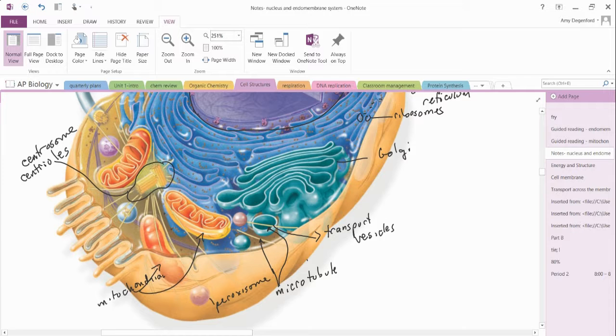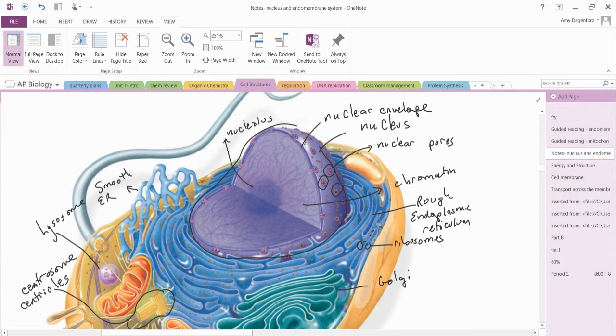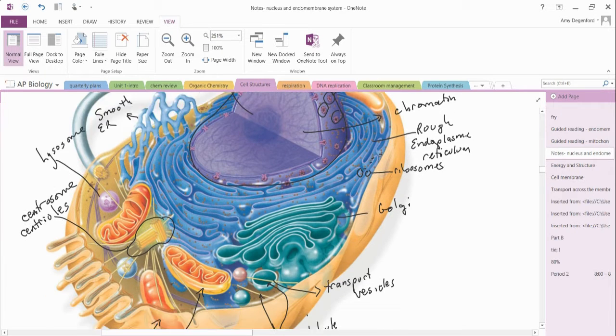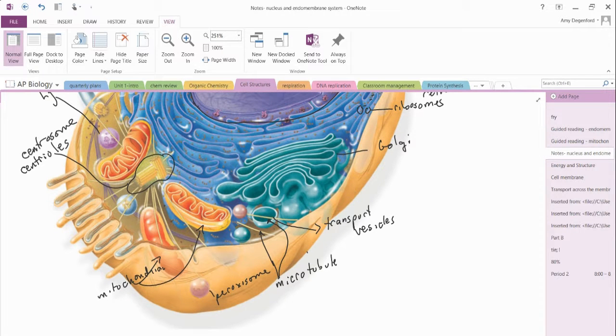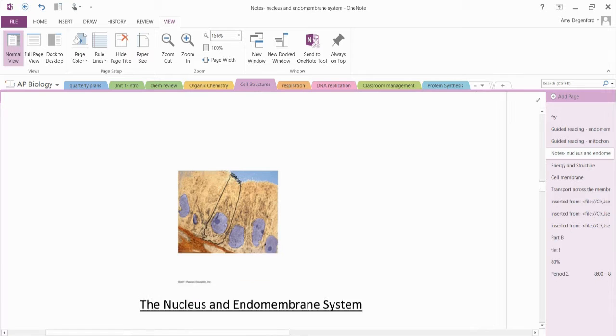And so the whole thing is the centrosome. These little cylinder things, those are the centrioles. And then up here we have a lysosome. And you saw the flagella, the long part, and then down here we have our microvilli. There are going to be more things that we're going to look at, but that just gives you a nice tour. So let me zoom back out, and then we'll continue on.